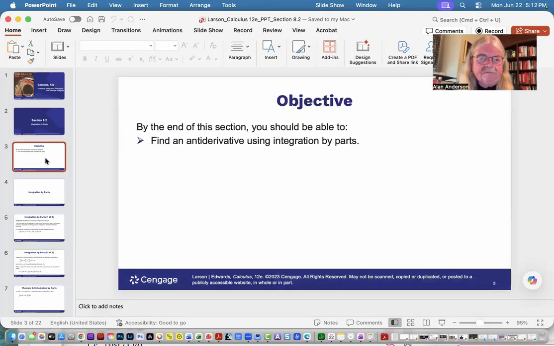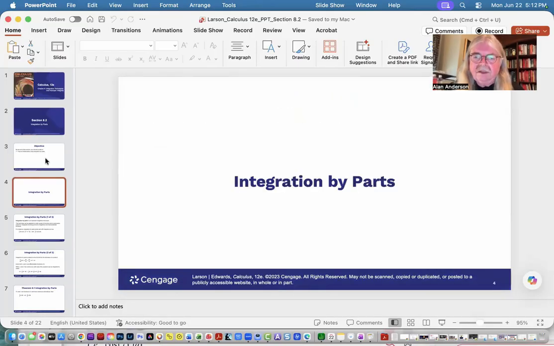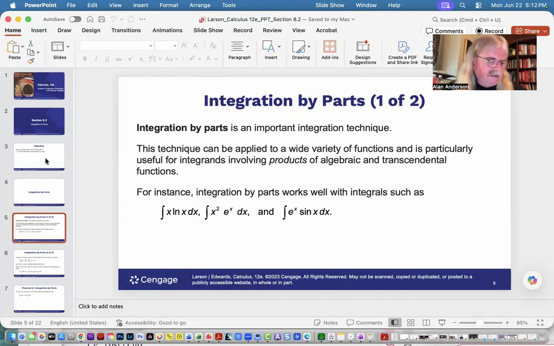For example, now look at these. If you saw these without what we're about to learn, x ln x, what do we do with that? x squared e to the x. Oh my God. e to the x sine x. These are all very good examples of integrals that we can solve with this method of integration by parts. So as soon as you see a product like that, think about integration by parts.